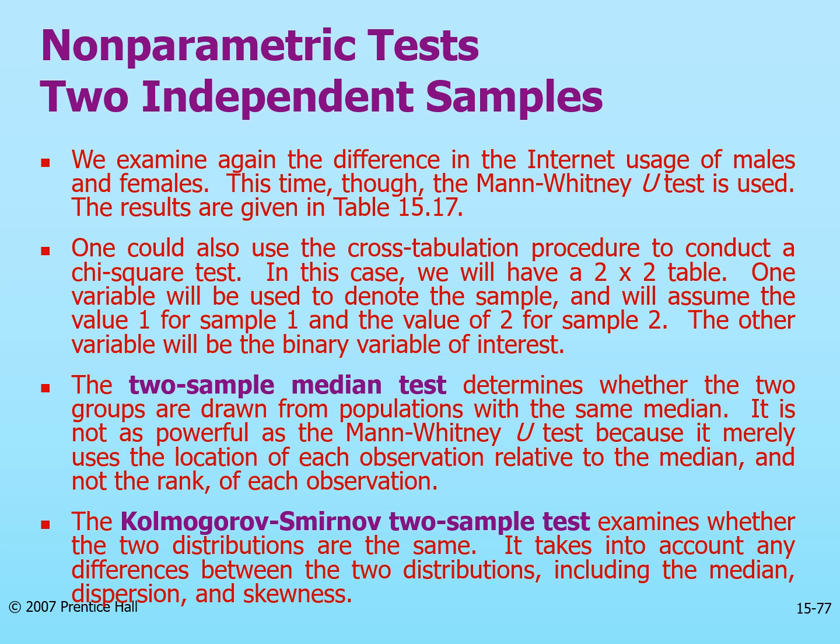The Kolmogorov-Smirnov two sample test examines whether the two distributions are the same. It takes into account differences between the two distributions, including the median, dispersion, and skewness. In all these cases we go through the same type of example and try to interpret the test result.